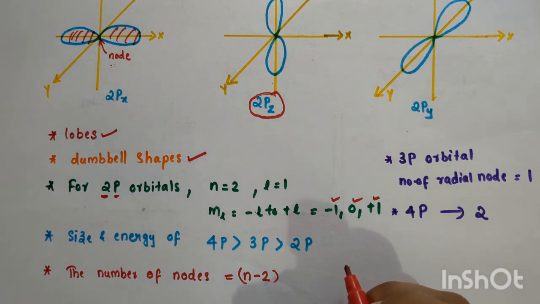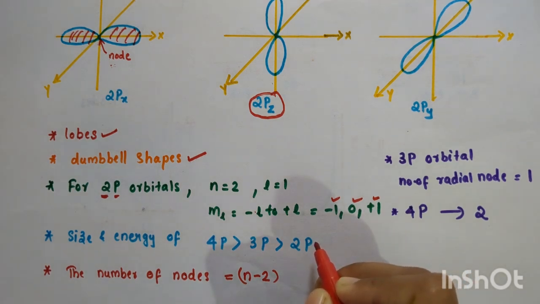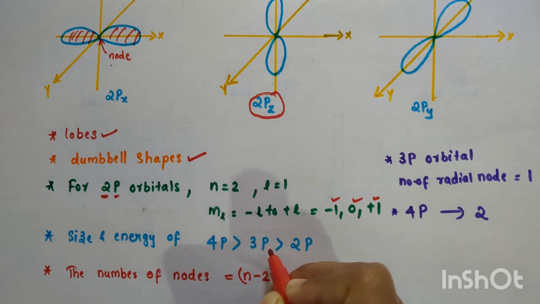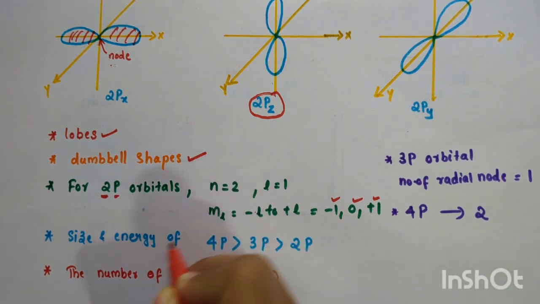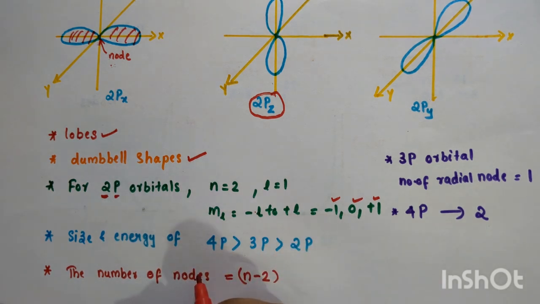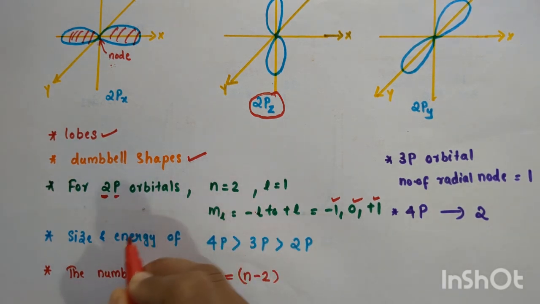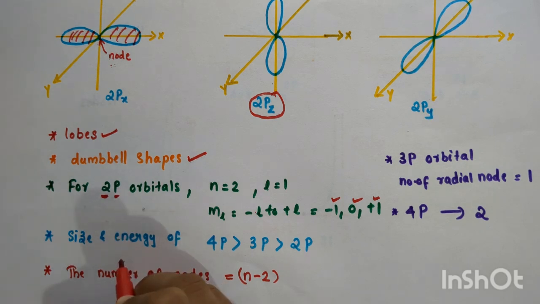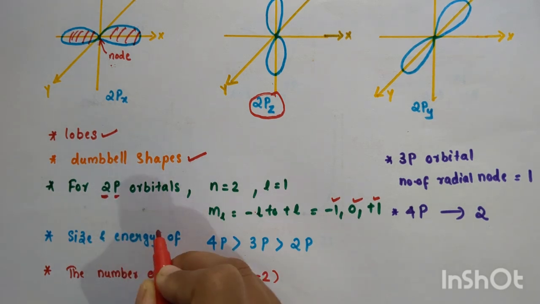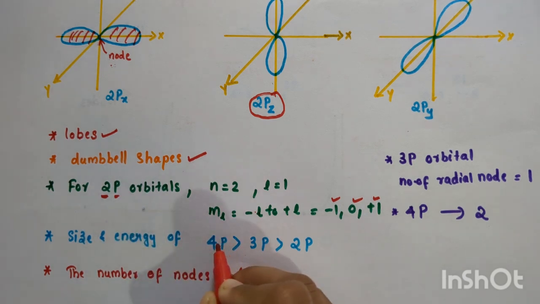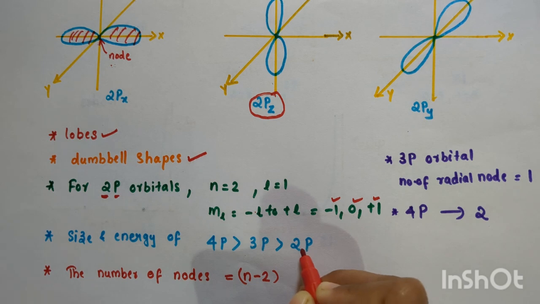Now, p orbitals increase in size and energy with increase in the principal quantum number n. The order of size and energy of the various p orbitals is given here. 4p is greater than 3p, which is greater than 2p.